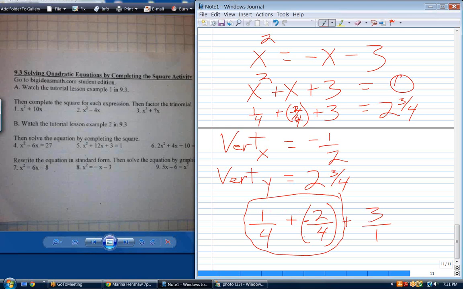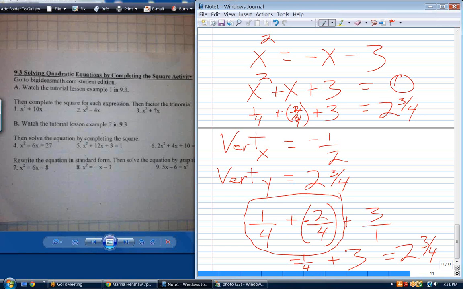What's 1 minus 2? Negative 1. Over 4 plus 3. So negative 1/4 plus 3 equals 2 3/4. I don't need to find a common denominator. I know how to add 3 and take away 1/4. In other words, negative 1/4 plus 3 is exactly the same as 3 minus 1/4.